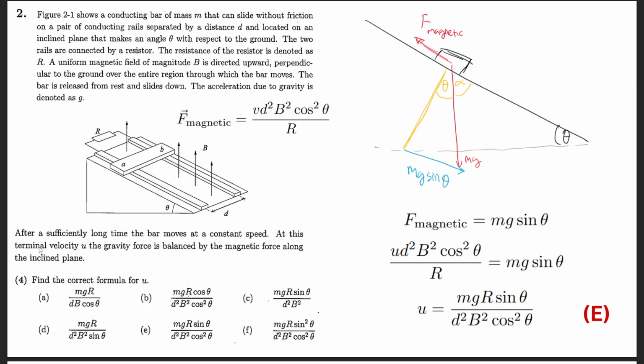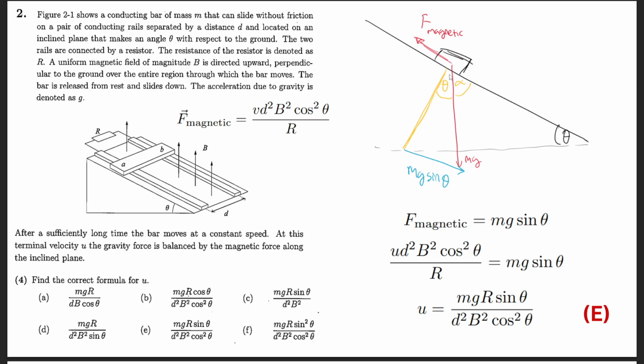Number 4. After a sufficiently long time, the bar moves at a constant speed. At this terminal velocity u, the gravity force is balanced by the magnetic force along the inclined plane. Find the correct formula for u. So there is a gravitational force, that is mg, from the block to the ground, so it is vertical.